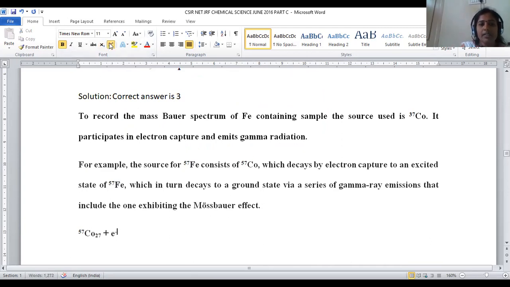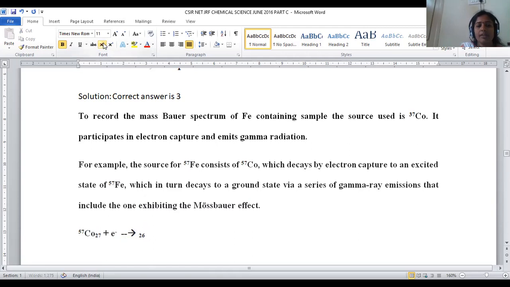Cobalt will be the starting material, accepting an electron here. After accepting the electron, its atomic number is reduced by 1 unit, but the mass number will not change. So atomic number 26 corresponds to what? Iron, right? Atomic number 26 corresponds to iron.